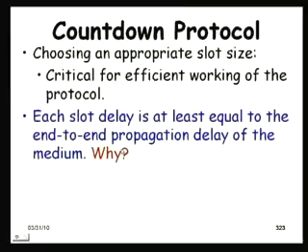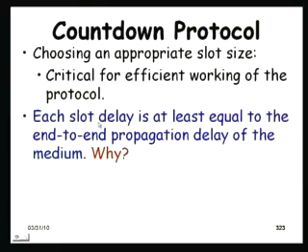Why is that? Otherwise, there can be collision. No, not really. See, if it is less than that, what will happen? Within that time, another slot may begin and another node may start sending a message. Not really.